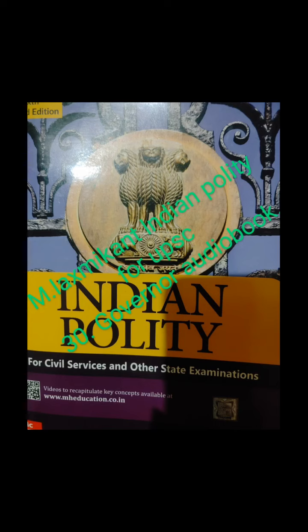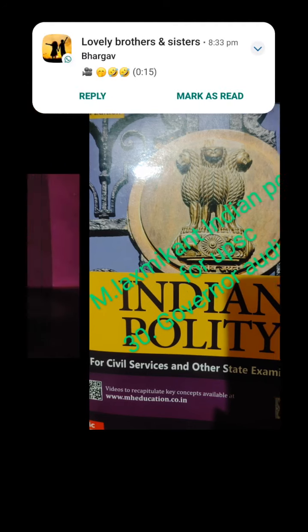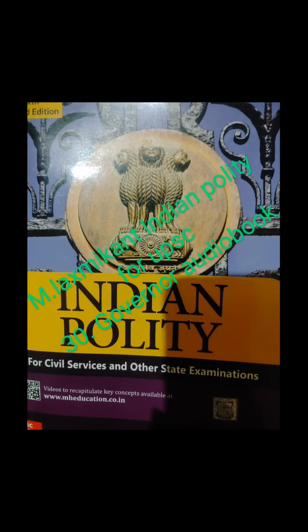Soli Sorabjee, The Governor: Sage or Saboteur, Roli Books. For the meanings of these legal terms, see pardoning power of the President under Chapter 17. M.P. Jain, Indian Constitutional Law, 4th edition, page 186.